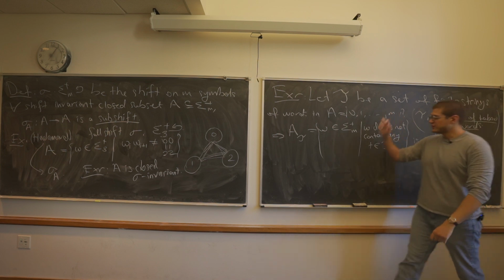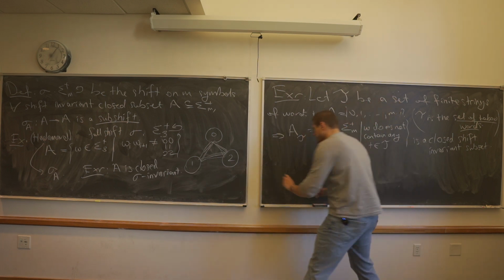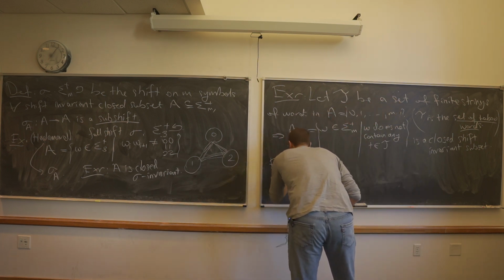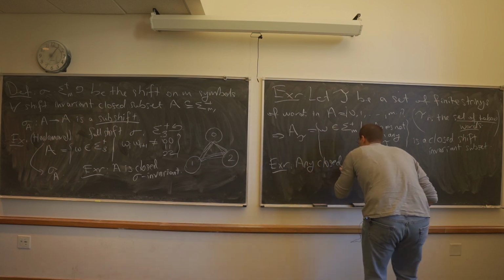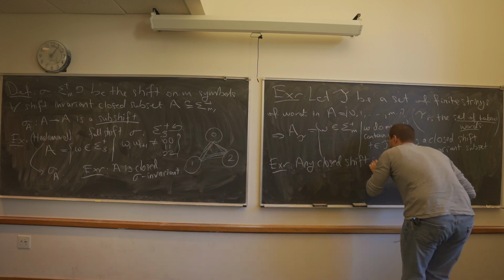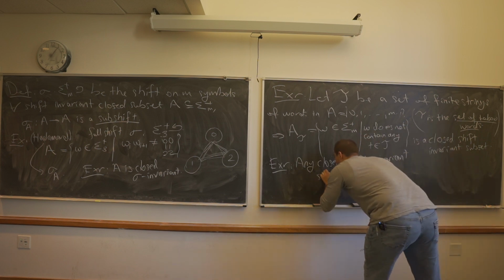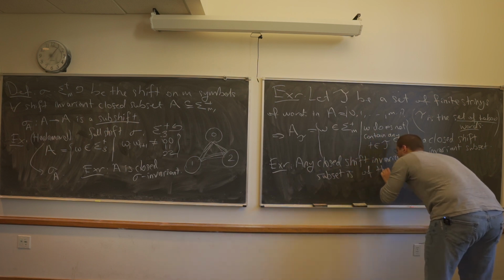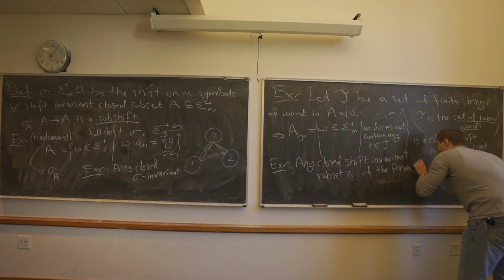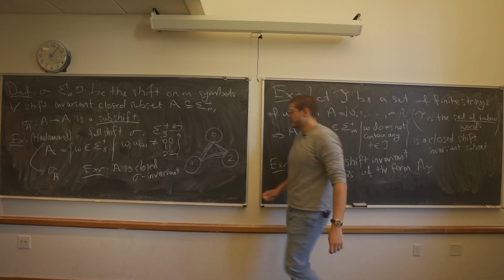And in fact, that's the first part. The second part is that any closed shift invariant subset can be written like this, is of the form A sub T. So what is the set of taboo words in the case of Hadamard?